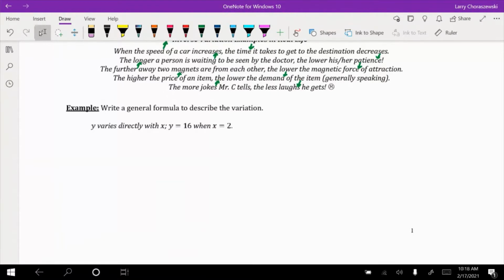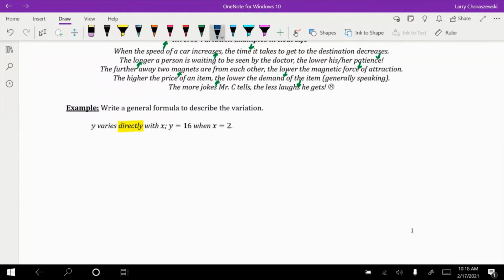So here it says, write a general formula to describe the variation. It says y varies directly with x, and then afterwards, it says y equals 16 when x equals 2. The key word here is varies directly. I'm going to do all of these problems in a conveyor belt fashion, kind of like what we were doing with one of our examples in the lines section.